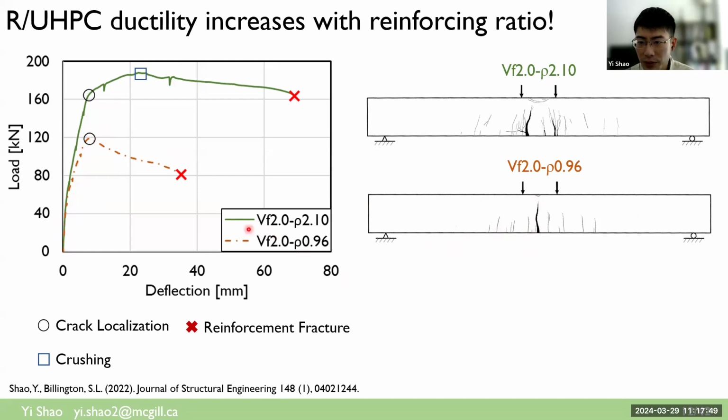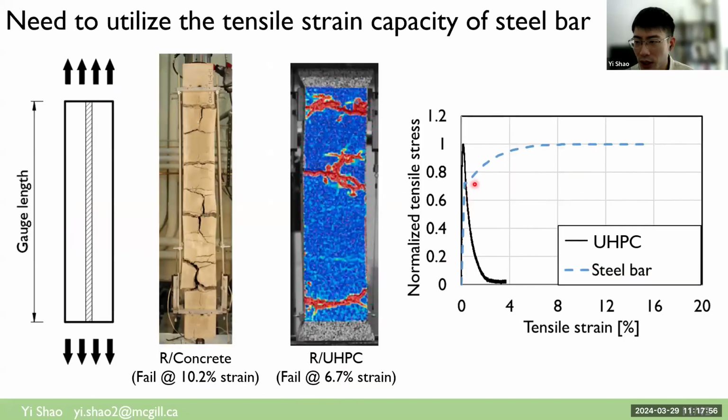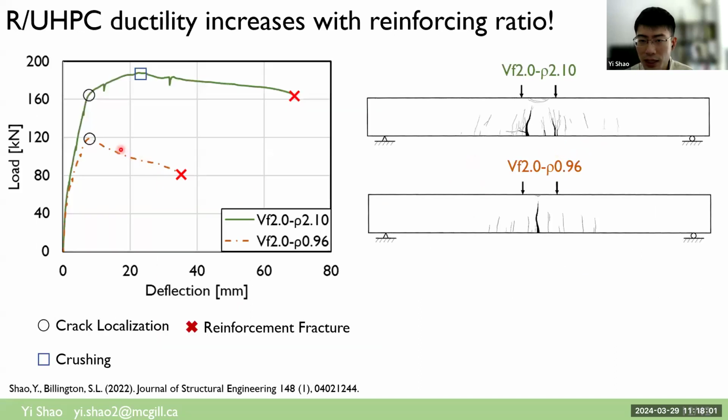Because this beam has a low reinforcing ratio, after yield and crack localization, the post-yield strain hardening of steel rebar cannot compensate for the fiber bridging loss, because we have little steel rebar. And therefore, the flexural stress starts decreasing after the crack localizes in the weakest plane.